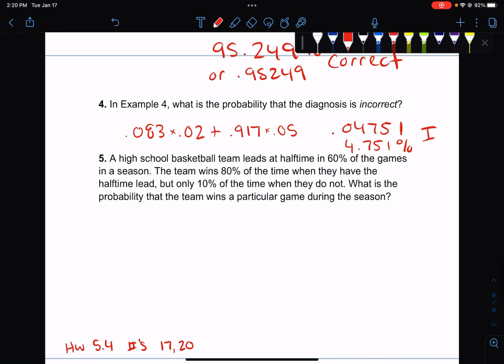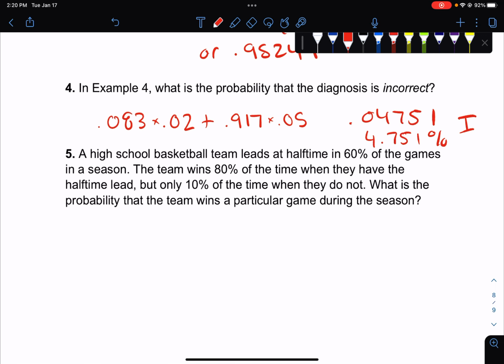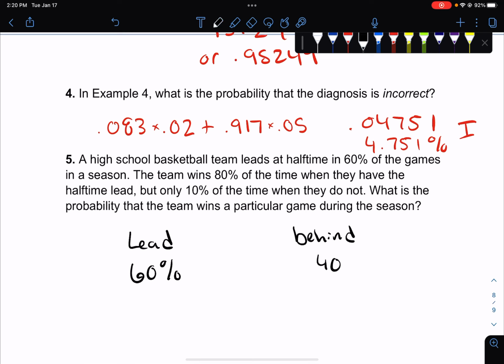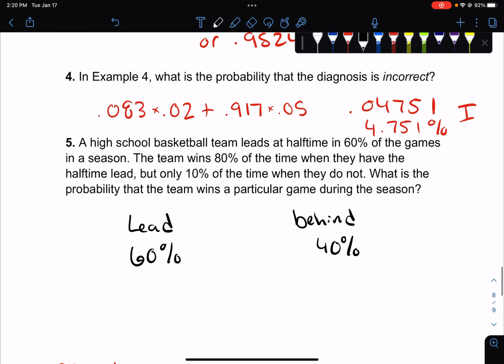Okay, a high school basketball team leads at halftime in 60% of their games. All right, so I'm going to stop right there. They're in the lead 60% of the time. Let's say that they haven't lost yet, right? They're just behind 40% of the time. So that means they don't have as many points. The team wins 80% of the time when they have the halftime lead.